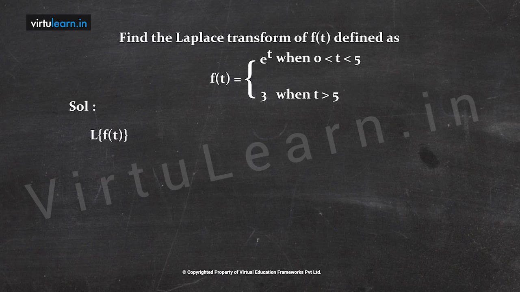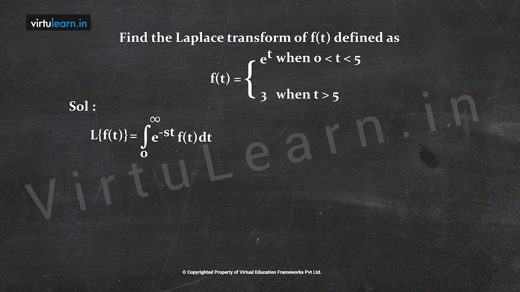The Laplace transform of f(t), I am writing the basic definition, is the integral from 0 to infinity of e^(-st) f(t) dt. Observe that in the question we have a discontinuity at t = 5.